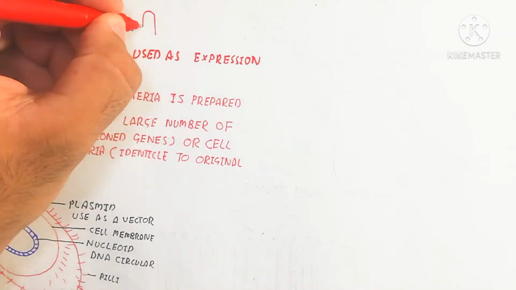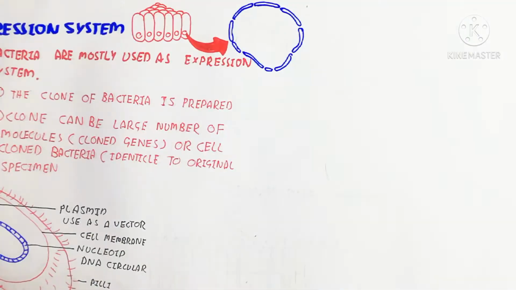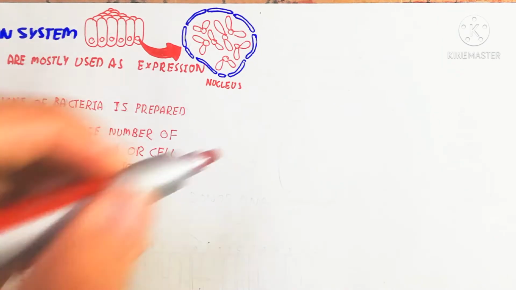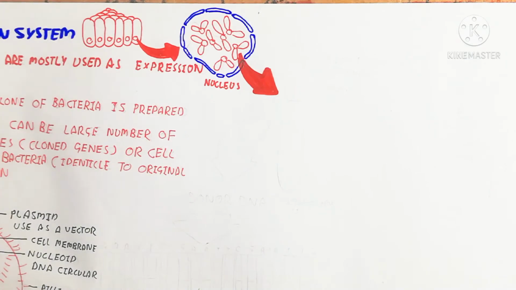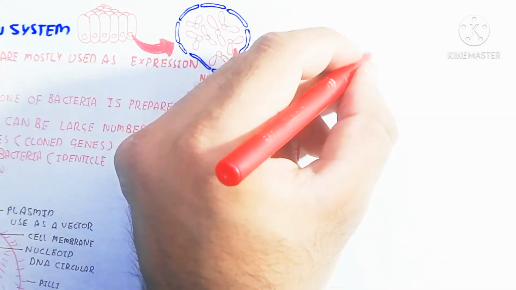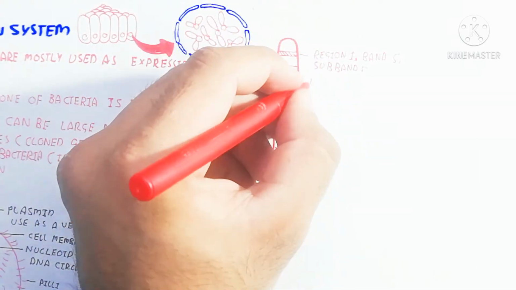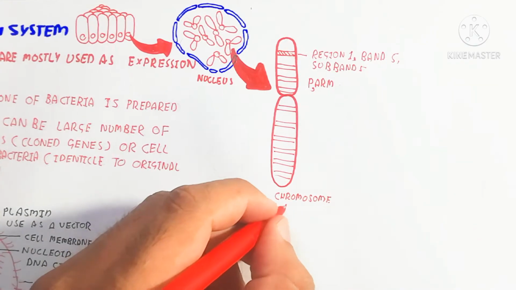So here is the plasmid, and this plasmid contains cytosine, thymine, thymine, adenine, adenine, and on the other strand cytosine, thymine, thymine, adenine, adenine. These are two antiparallel strands, and the plasmid will be cut at the segment of the gene, that is, the cutting of the plasmid.